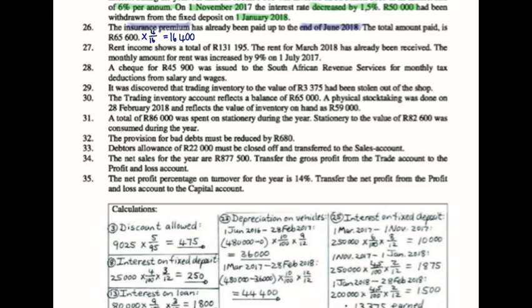Number 27, rent income shows a total of 131,195. The rent for March 2018 has been received. So the monthly amount for rent has increased by 9% as of the 1st of July.